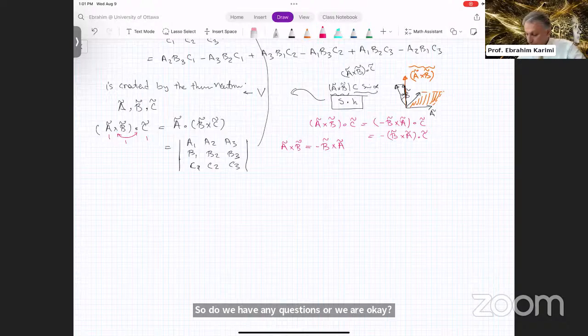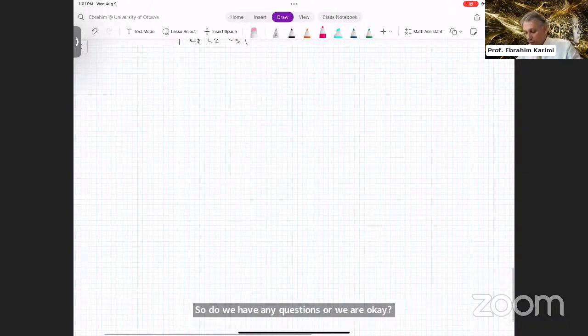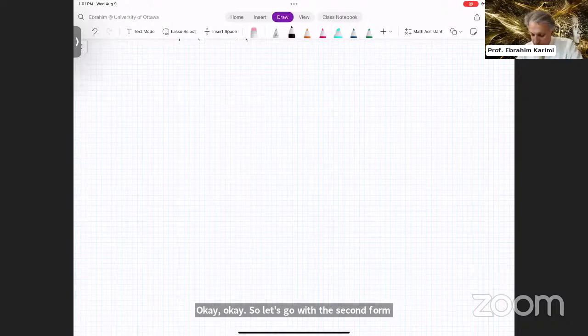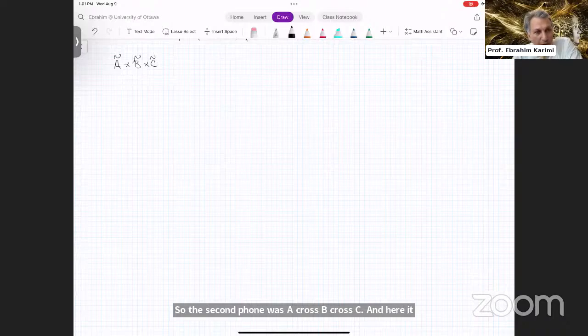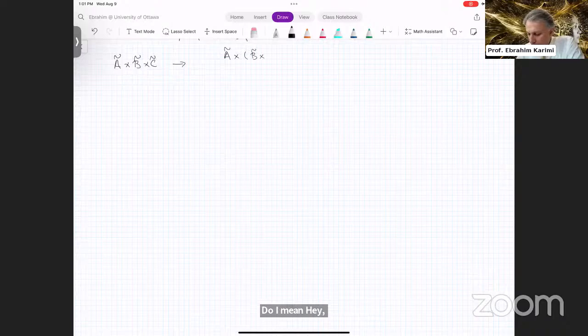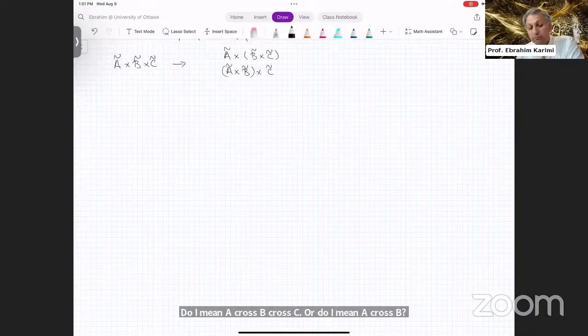Okay, so let's go with the second form of triple product. The second form was A cross B cross C. And here it is important to know the location of the parentheses. Do I mean (A cross B) cross C, or do I mean A cross (B cross C)?